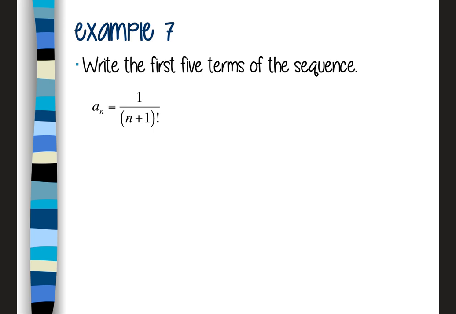So how are these going to get built in? You'll see something like this. Find the first, again, we're going to change this to 3 terms of the sequence. So A1 is 1 over 1 plus 1 factorial, which becomes 1 over 2 factorial.